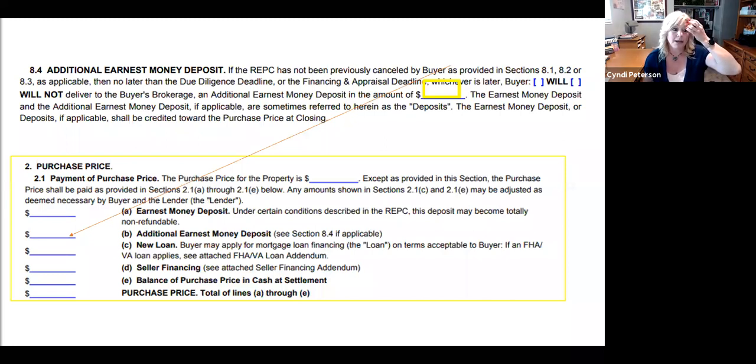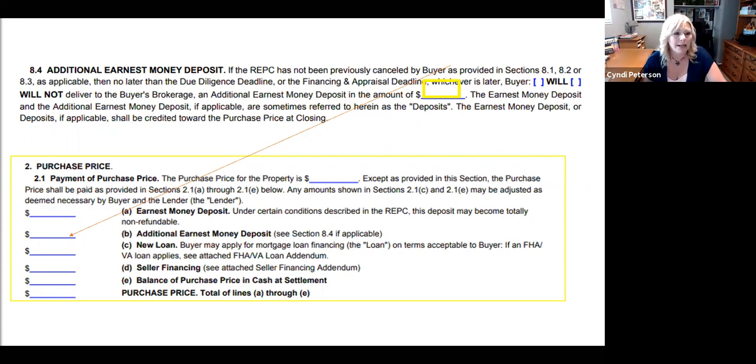So if you wanted to really have a solid offer, something that you really want to push through, maybe you were up against other offers and you wanted to say, we're going to give you $5,000 earnest money now, but then we're going to do an additional earnest money of $3,000, $2,000, whatever it happens to be.